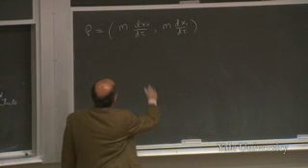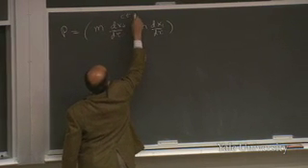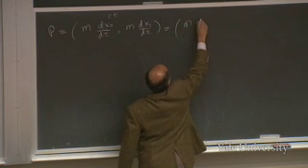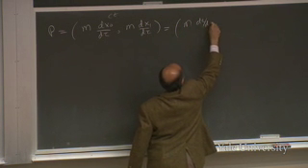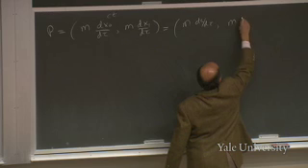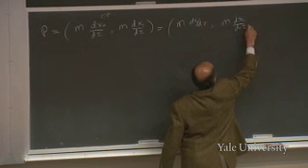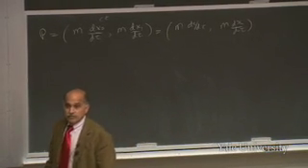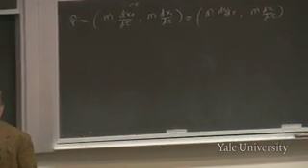Well, x naught, you remember, was ct. So this really becomes m dt divided by d tau times m dx divided by d tau. This is guaranteed to be a 4 vector.